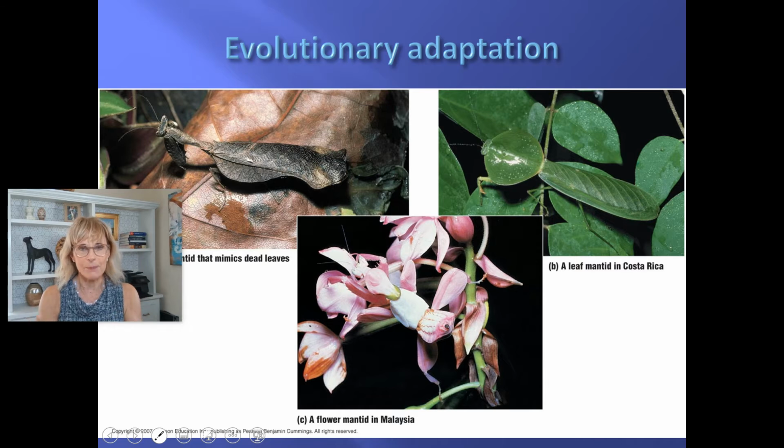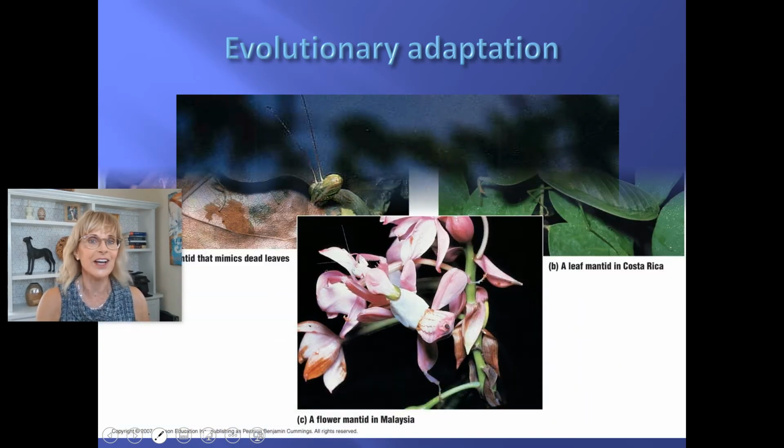Now, how did this happen? Well, this happened because of genetic mutation, which generated new alleles at different gene sites, and then the action of natural selection. For example, let's focus on this guy over here. Let's imagine that his great grandfather looked exactly like this little guy, okay?